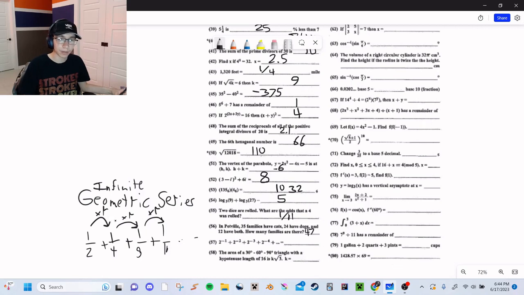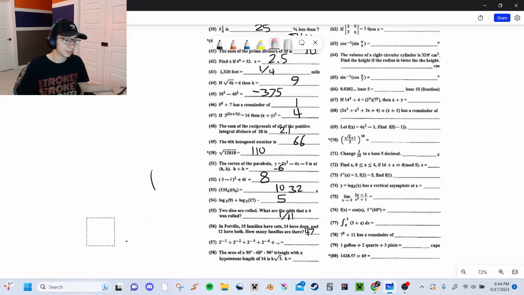In this case, r is pretty easy to figure out. r is just 1/2. So that's what an infinite geometric series is, but how can we get the sum of one? The sum is equal to our starting term, which I call a naught, meaning the first term, over 1 minus your rate.